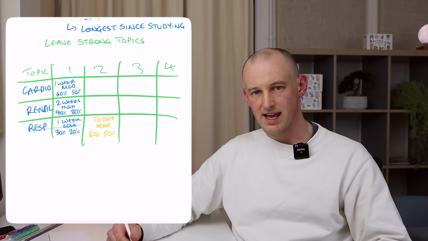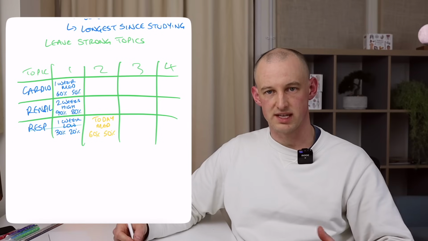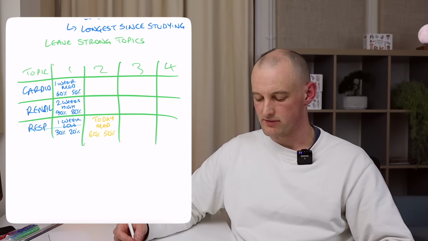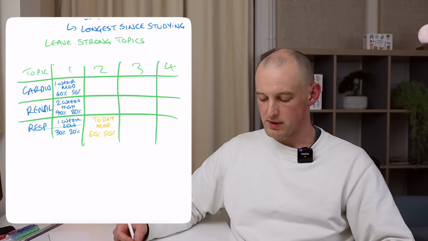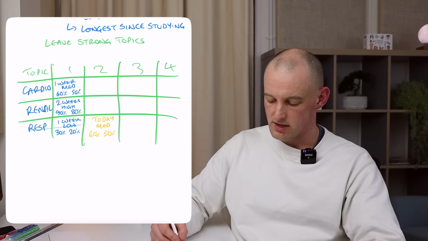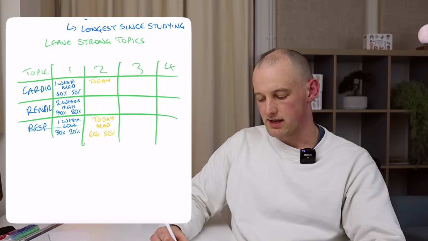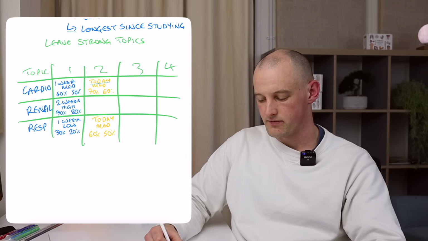You come in the next day and you say, which topic should I do for this study session? Okay, well, it's been a week since I've done cardio and I did respiratory yesterday. So let's do cardiology again. This time you get medium confidence again, and you get 70% and say 60%.